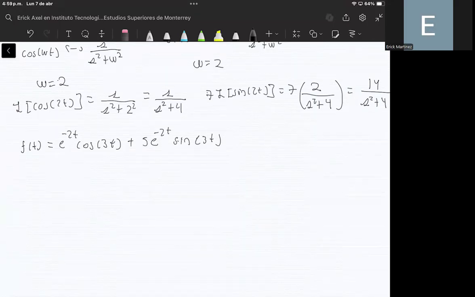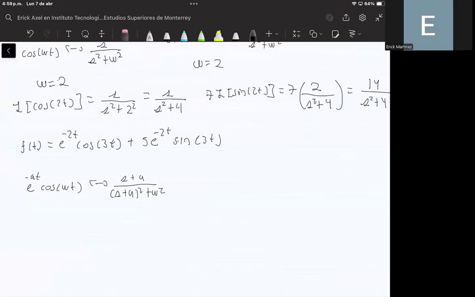For a cosine multiplied by an exponential, e elevated to the minus a times t times the cosine of omega times t, the Laplace transform is s plus a divided by s plus a squared plus omega squared.